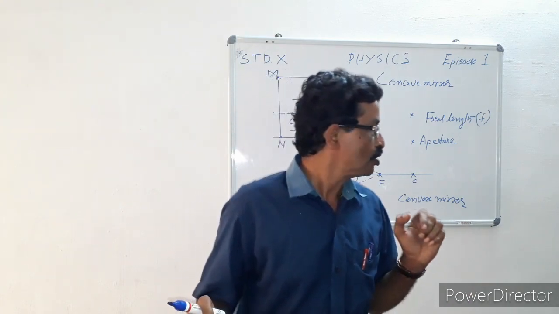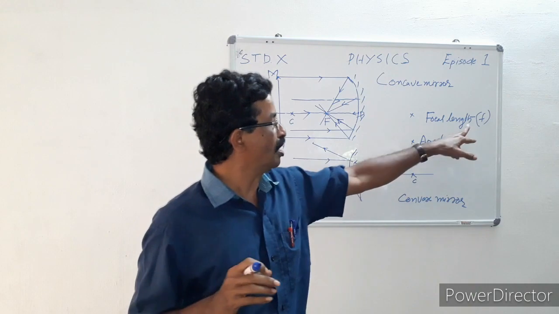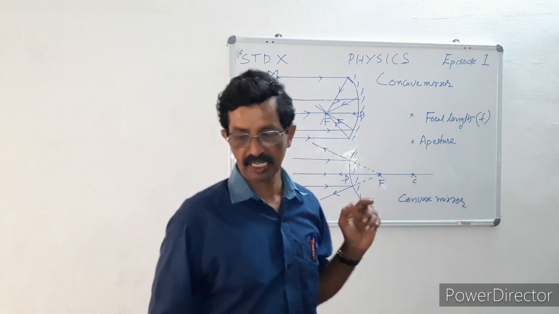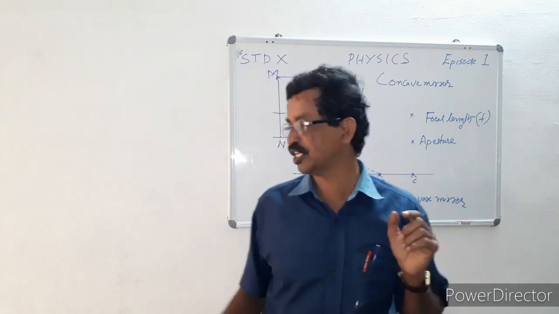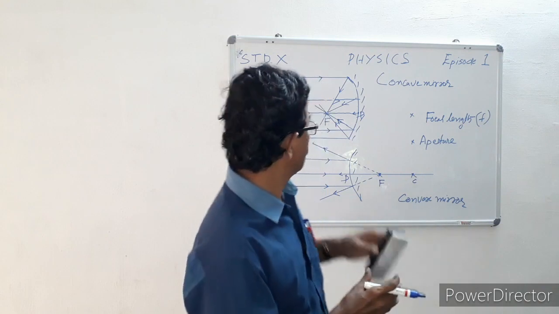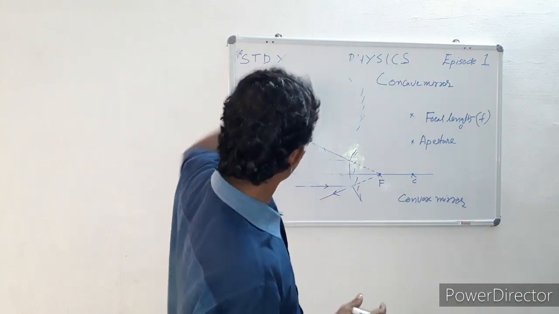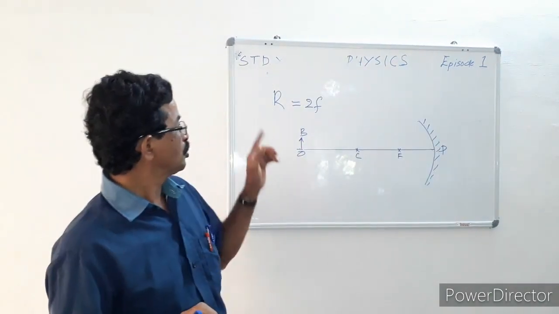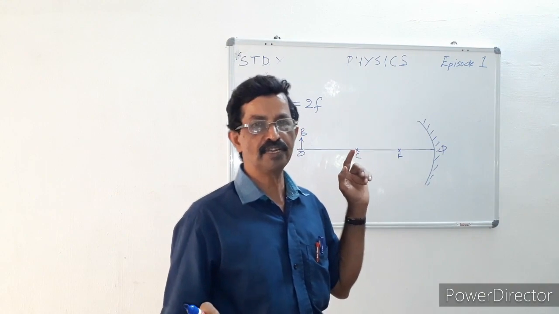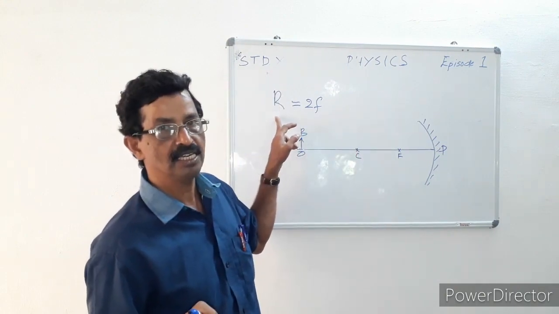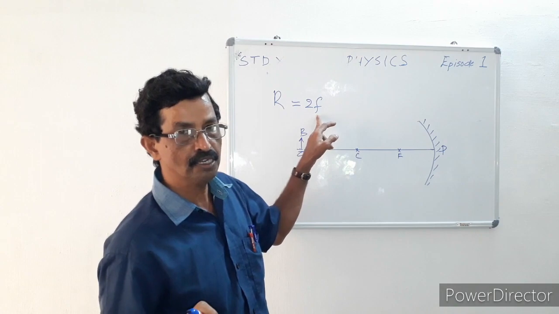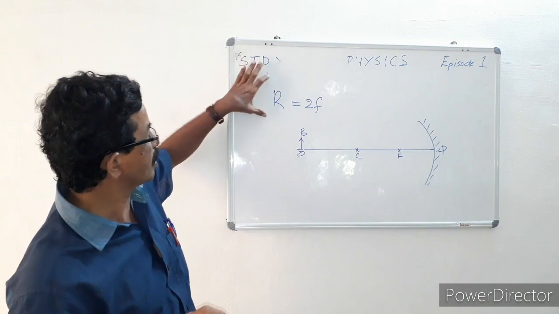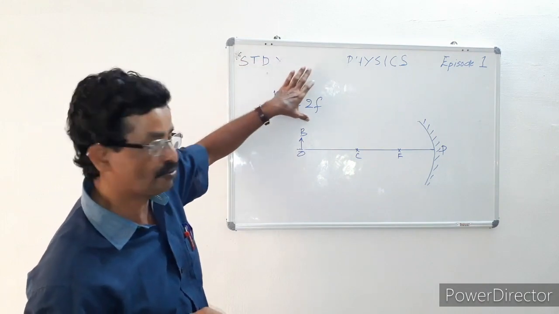Now for this focal length and radius of curvature, have you got any relation? Let us see. Now we want to know the relation between radius of curvature and focal length for spherical mirrors of small aperture. You see, R equals 2f.